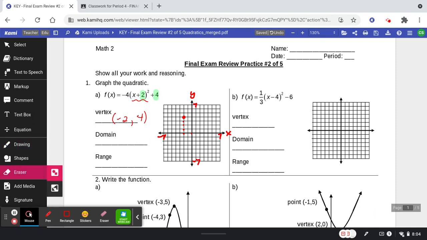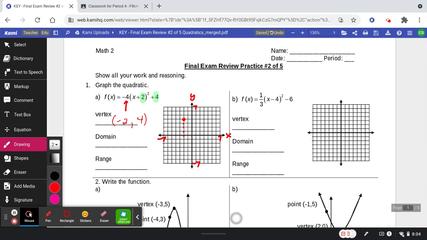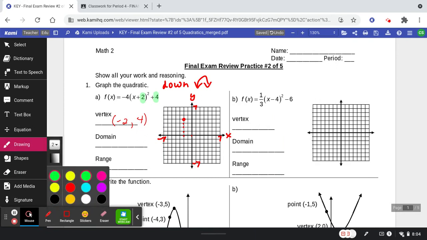Now I look at this stretch and orientation from the front, this negative 4. Because it's a negative 4, it means that this is oriented down, or an upside down parabola. Because it's a stretch of 4, it means it's going to go 4 times the usual speed. So for a parabola, I'm going to do this really lightly, using a light green.